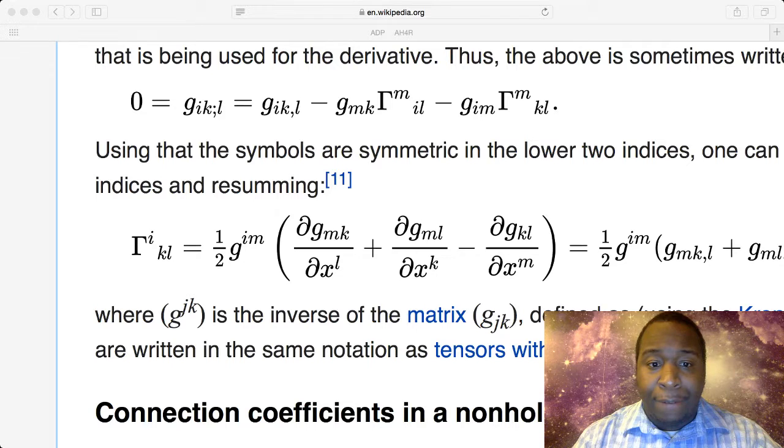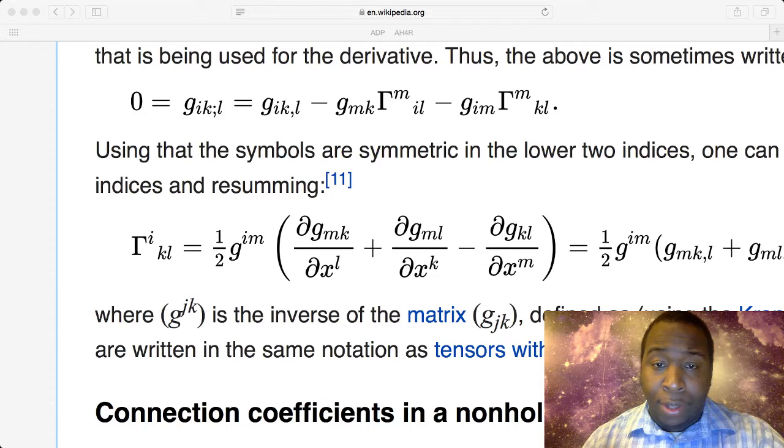And so for a given i, k, l set, you're basically going to be summing over all values of m. In this case, we only have 4 coordinates, 1 temporal coordinate and 3 spatial coordinates. So m sums over those 4 coordinates, which we've defined as 0, 1, 2, and 3.